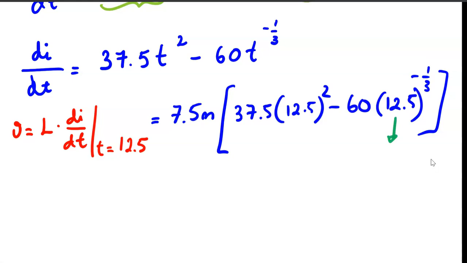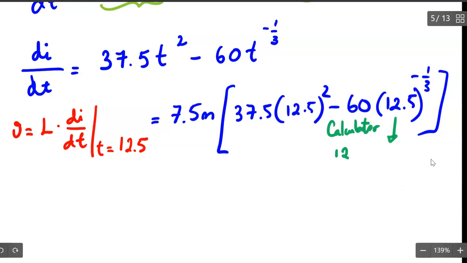So I would like you to take out your calculator and key into your calculator like this. Okay, so I will write the steps down for everyone. I will put in here my 12.5. I'm doing this at the same time, using my calculator while I'm telling everyone. So 12.5, and then I put the hat, that means to the exponent, and I put a bracket, and I put a negative sign. Don't forget that you should have a negative sign.